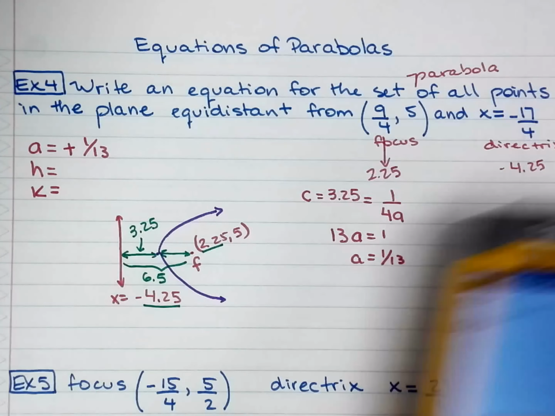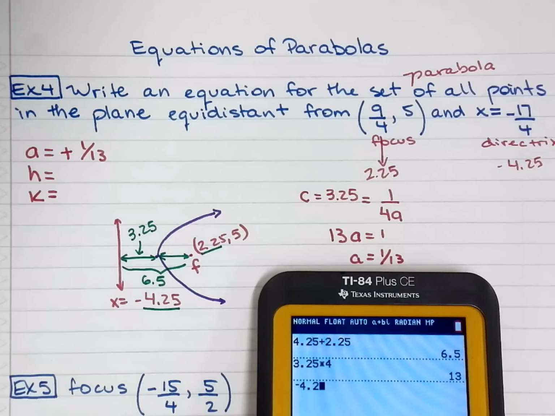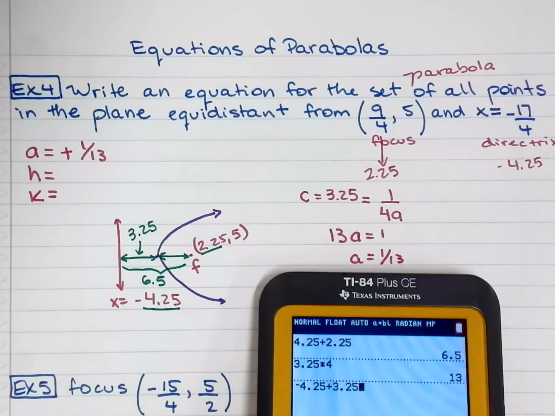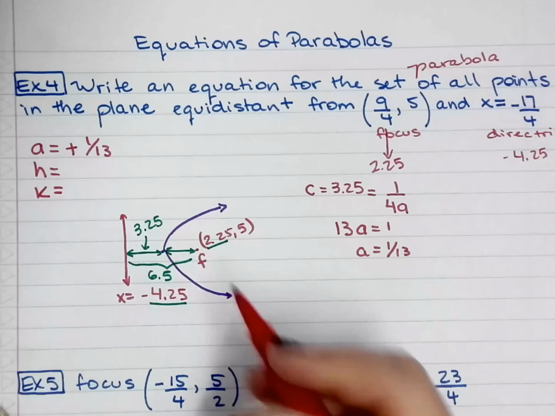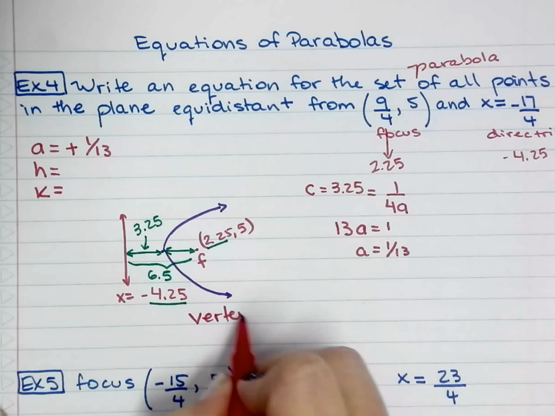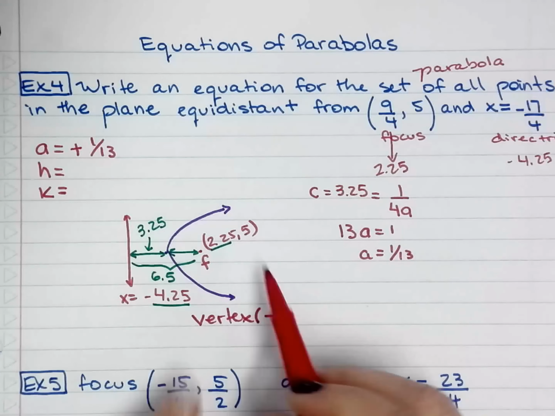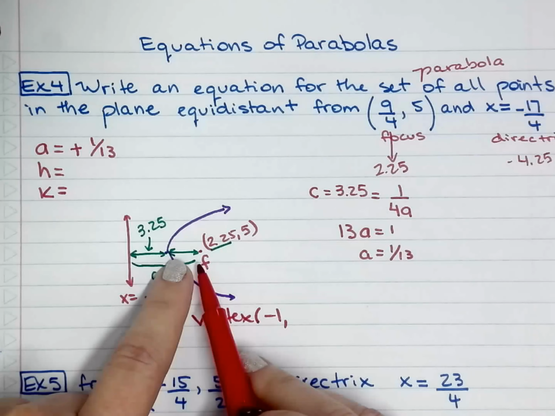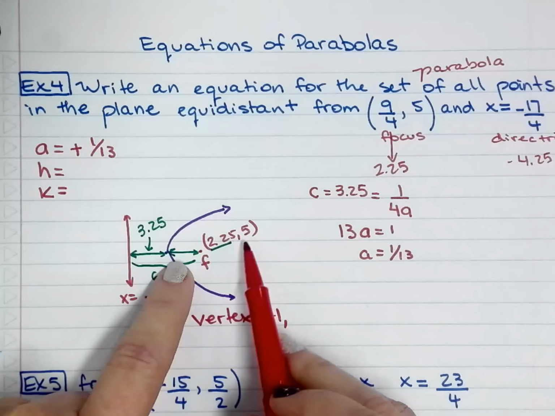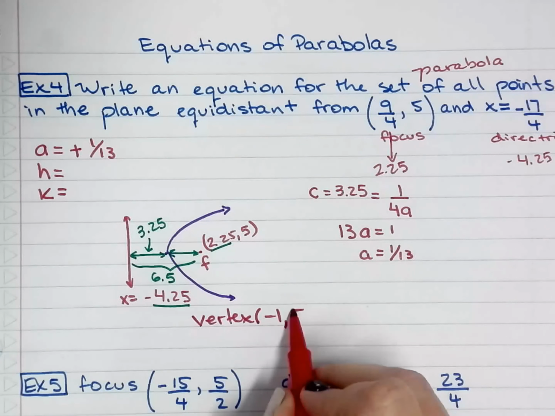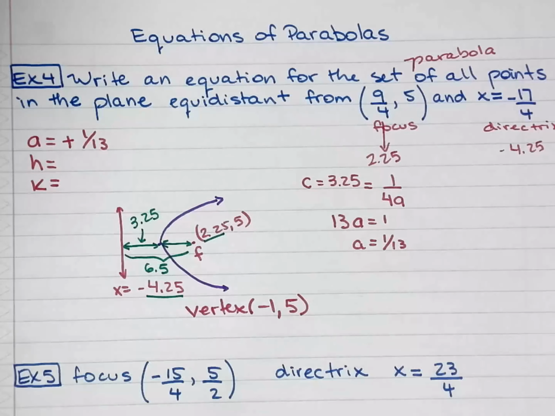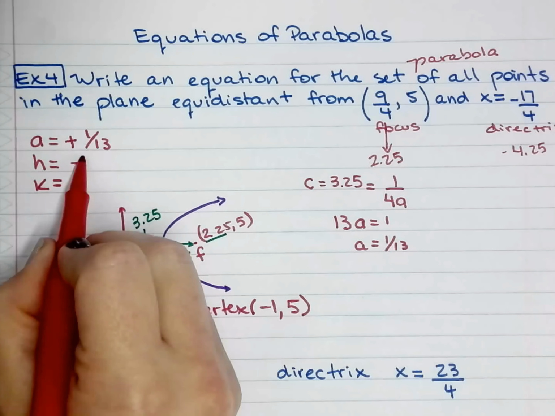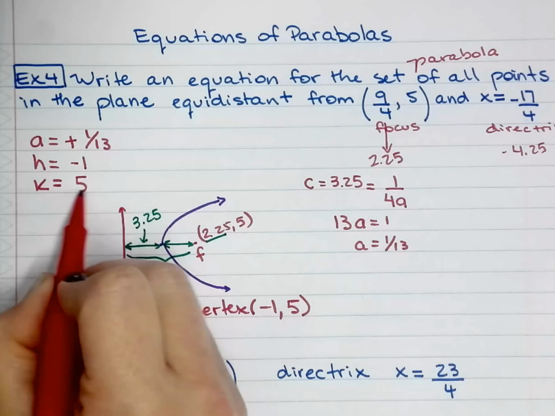Directrix to the right, so negative 4.25 plus 3.25, I get negative 1. So negative 1 is the x from the vertex. And since it's in the same direction as the focus, it lines up, so y is 5. So vertex is (negative 1, 5), and k is 5.